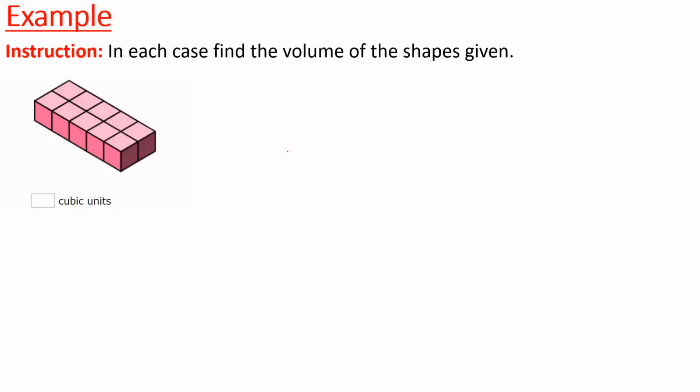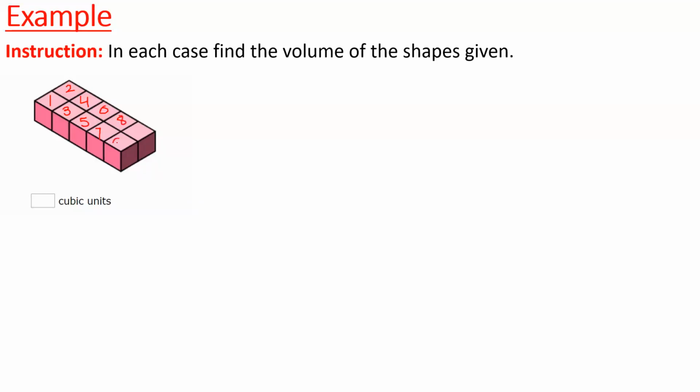All right, so this is how we got 10. And all of those who said 10 were right. If you look at it, this is 1 cubic unit. This is 2. This is 3. This is 4. This is 5. This is 6. This is 7. This is 8.